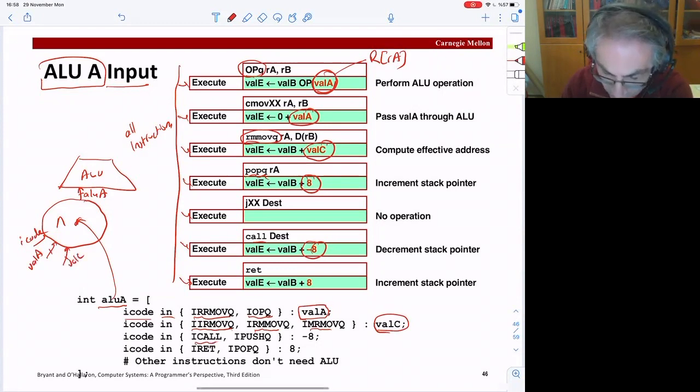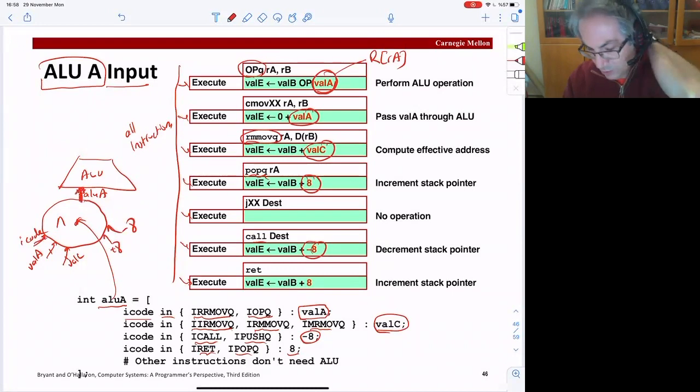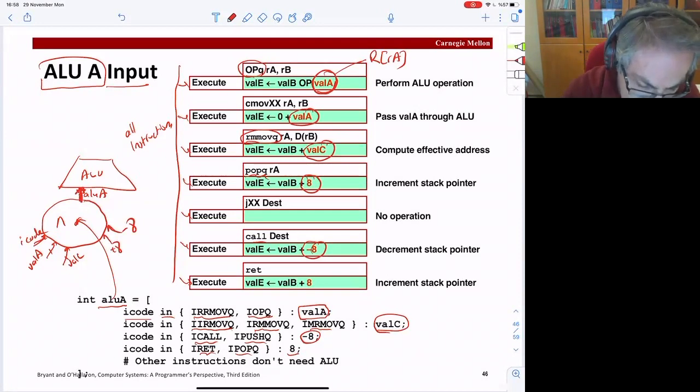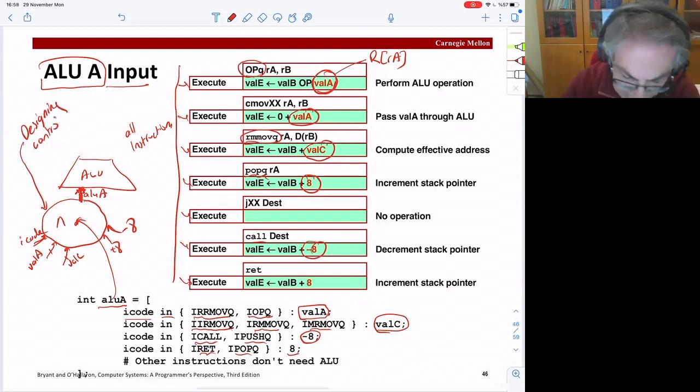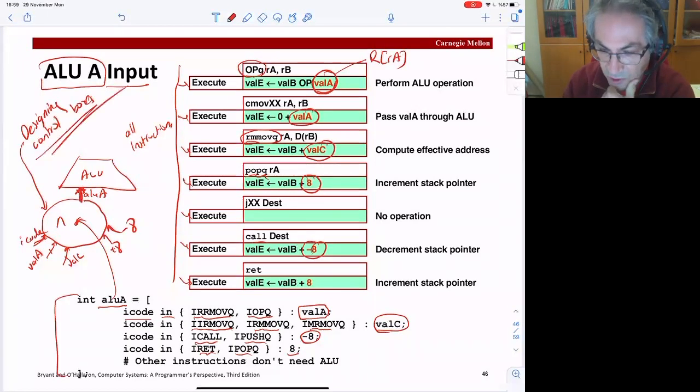Or if it's return or pop, it should be +8. So you also feed +8 here or -8 here. And depending on I code, then you forward one of them to the A input of LOA. Okay. So this is basically how we design this whole thing. The key thing is to design these control boxes. And that's it. It's essentially writing code like this, which actually defines how the processor works.